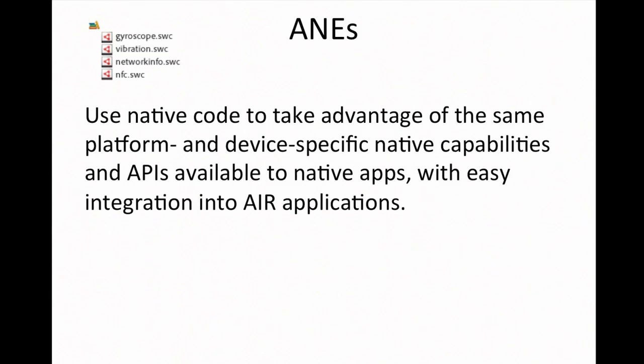You can pull these into Flash Professional. It takes a few more steps, not quite as integrated as Flash Builder, and now you have access to that type of thing. Talking about sensors, there's a gyroscope on many devices. Out of the box, I don't have access to the gyroscope. With an ANE, I can have access to the gyroscope. And there are other ones coming.